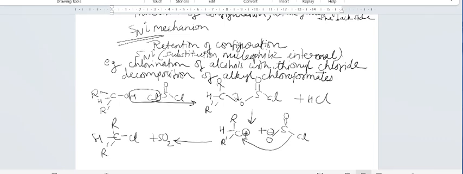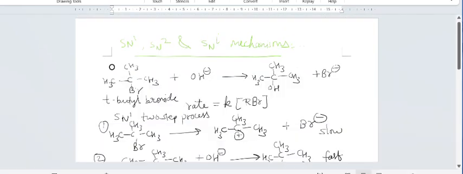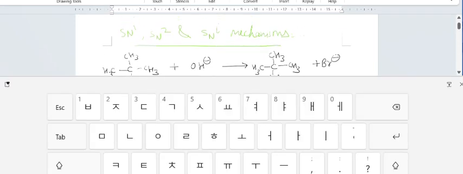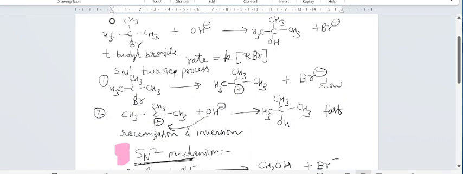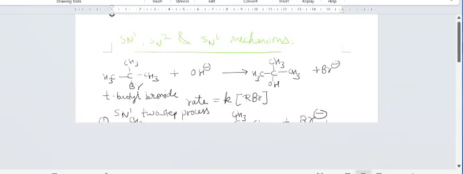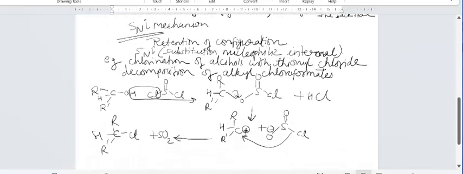You can see here, in the first step of the SN1 mechanism there was formation of an ion pair, and here in the SNi mechanism there is also formation of an ion pair. But this is the SNi mechanism, where there is substitution nucleophilic internal.